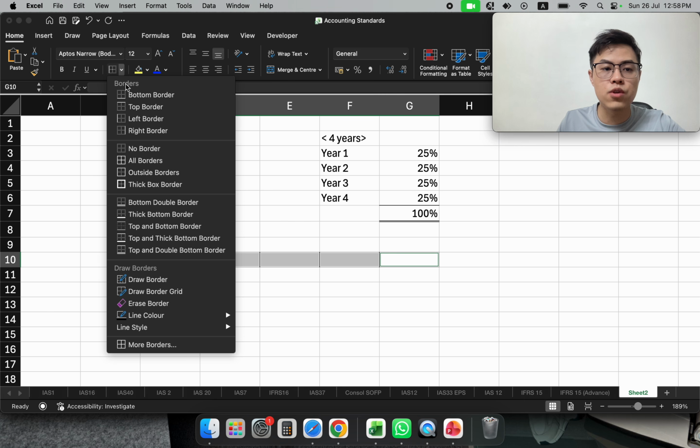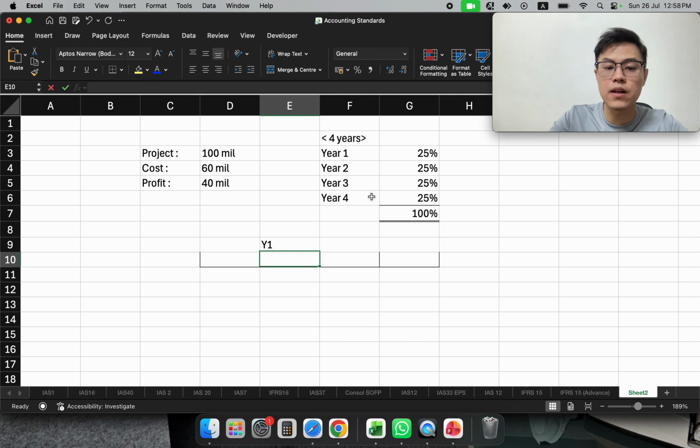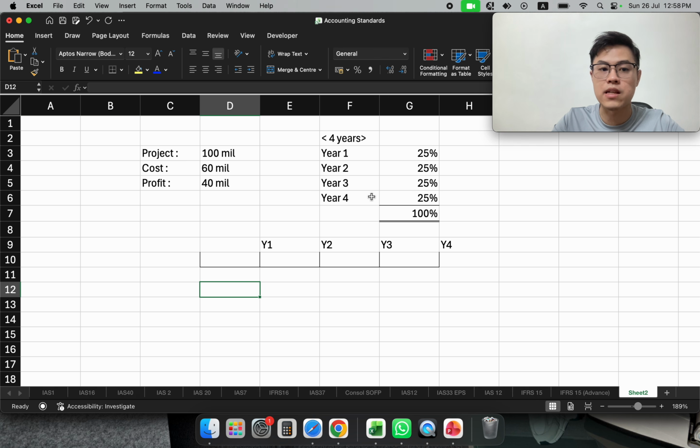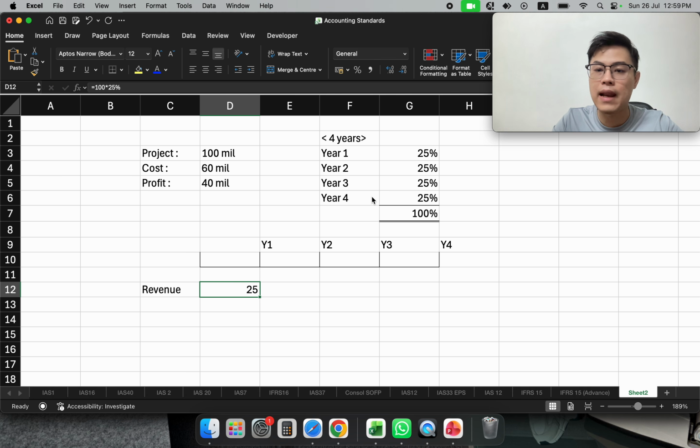So I will draw a timeline, and you know that at the end of year 1, year 2, year 3, and year 4, we will need to do certain accounting adjustments. For the revenue in year 1, the project price is 100 million times 25%, so I'm going to recognize revenue of 25 million.